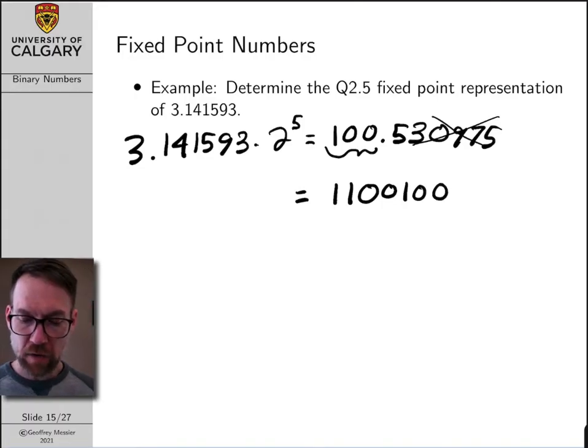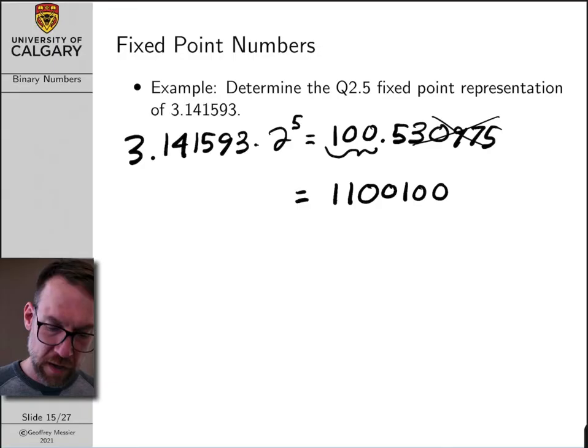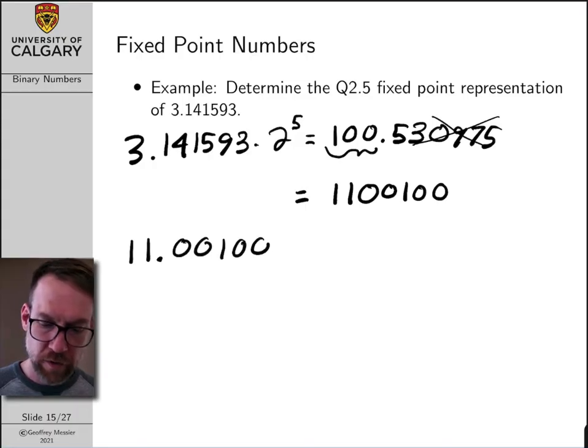And so our fixed point number, again, would be, and we're not showing the sign bit here, 11.00100.